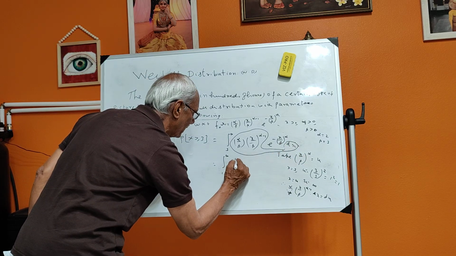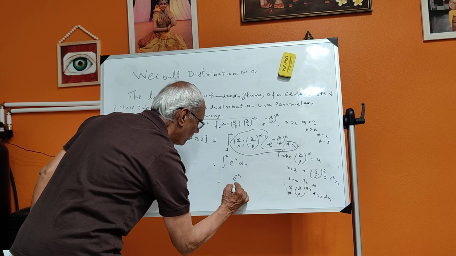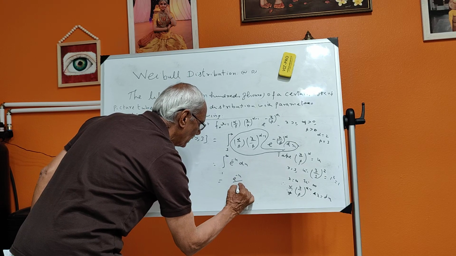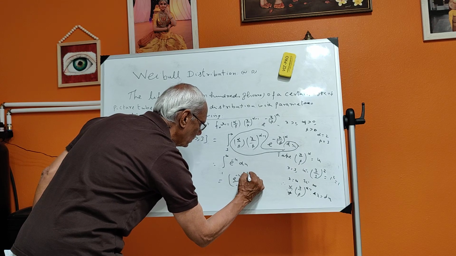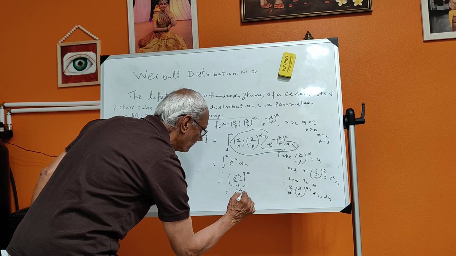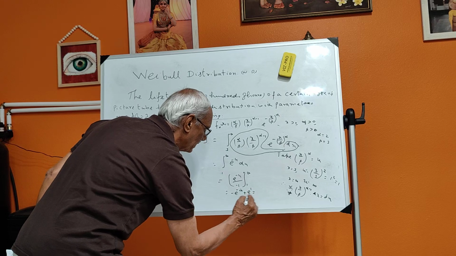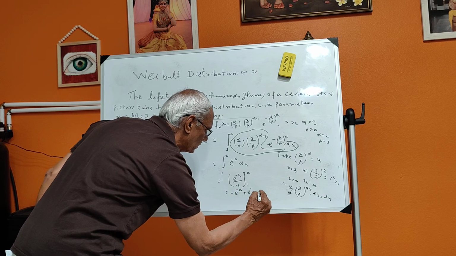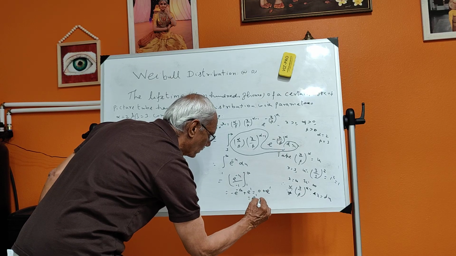So e to the power of minus u into du is equal to e to the power of minus u divided by minus 1, from 1 to infinity, that is e to the power of minus infinity plus e to the power of minus 1. E to the power of minus infinity is 0, so we get e to the power of minus 1.